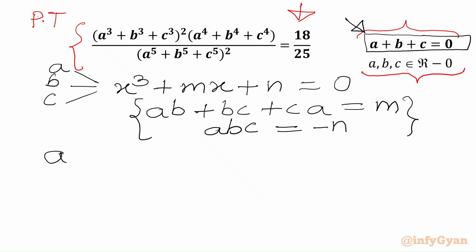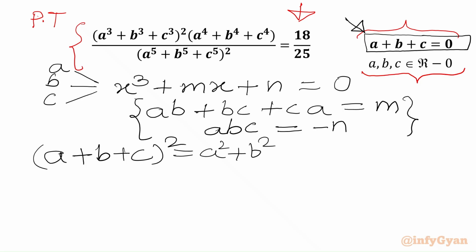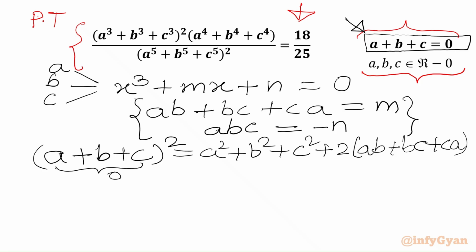Now I can write one algebraic formula: a plus b plus c whole square is equal to a square plus b square plus c square plus 2 times ab plus bc plus ca. Now we have a plus b plus c equal to 0, so the left hand side will be 0.